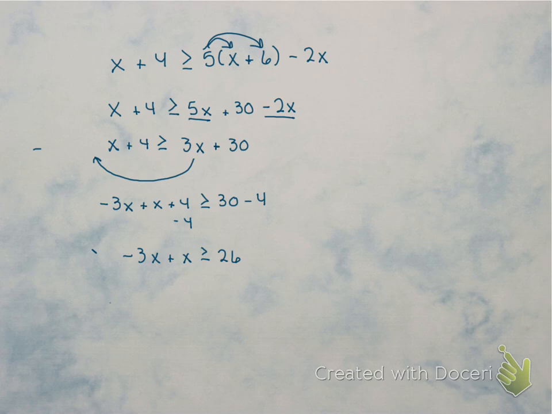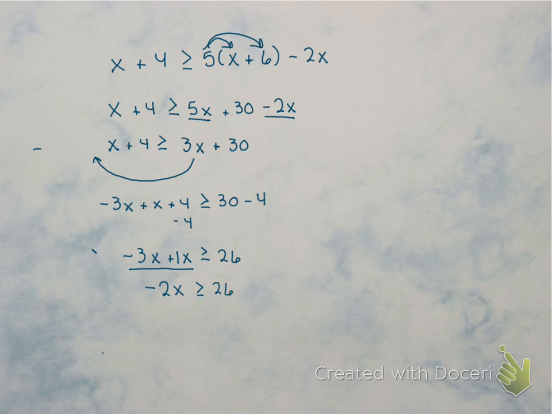Okay, so what we've got now is the need to combine the like terms on the left. We have negative 3 plus 1. The signs are different. Subtract and keep the sign of the larger. So 3 minus 1 is 2 x's, but 3 is the bigger number, so 2x is negative.